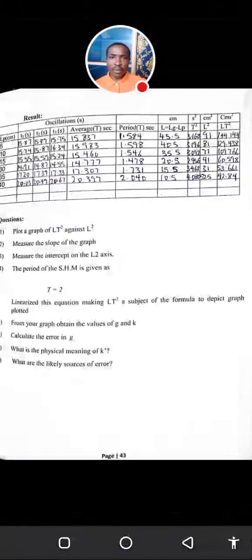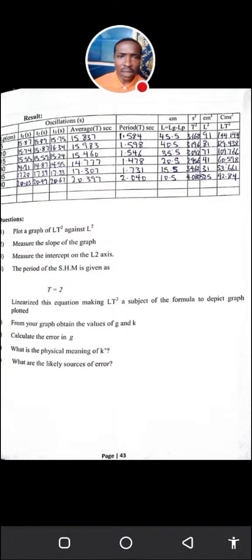L square means L times L. The student that has this did 45.5 times 2. That means you are supposed to square 45.5, and not do 45.5 times 2. So 45.5 times 45.5, or you can use a calculator and get that done. That is how you work on your L square.